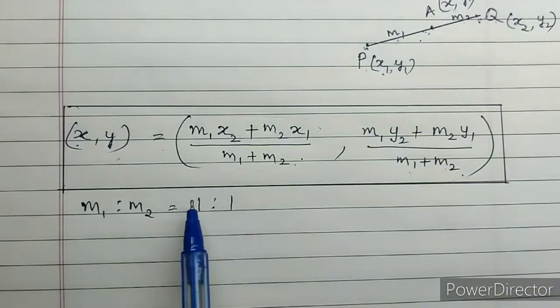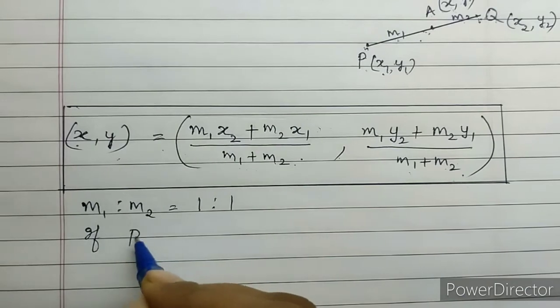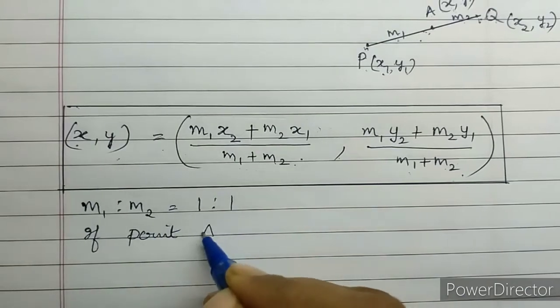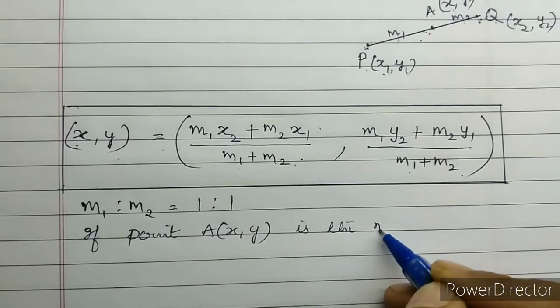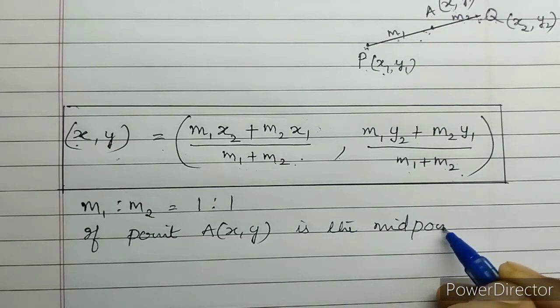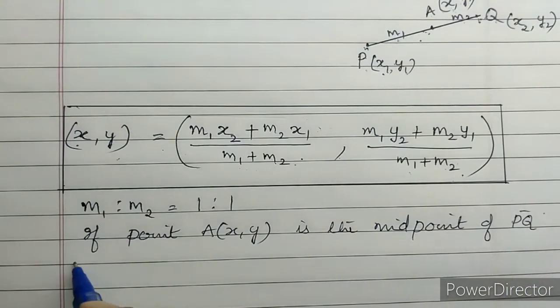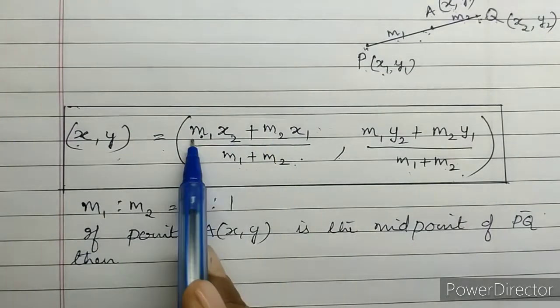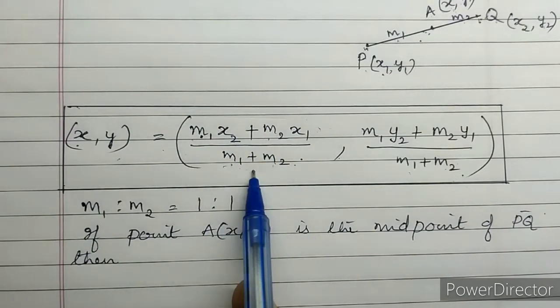So if point A(x, y) is the midpoint of line PQ, then the formula will change. Wherever m1, m2 come, you have to put 1 and 1. Here also it will become 1 plus 1, 2.